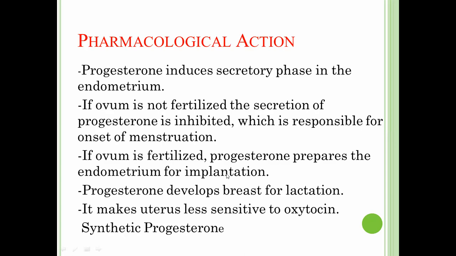That means the effect of oxytocin's actions on the uterus is inhibited, or the uterus is made less sensitive to this oxytocin hormone. So this is the function of natural progesterone: to make the uterus less sensitive to the response of oxytocin.